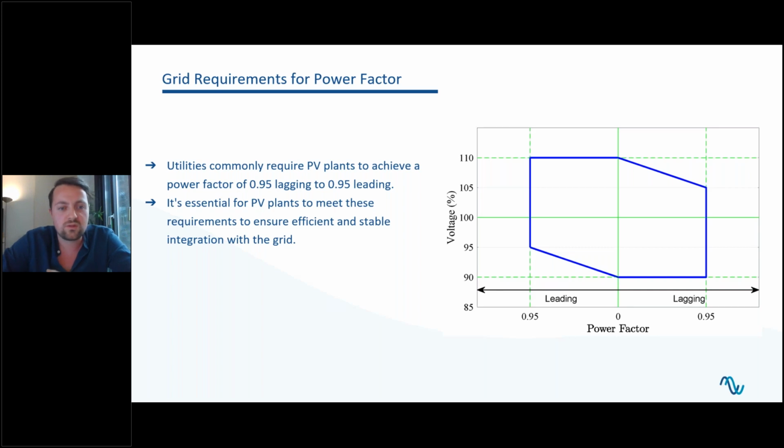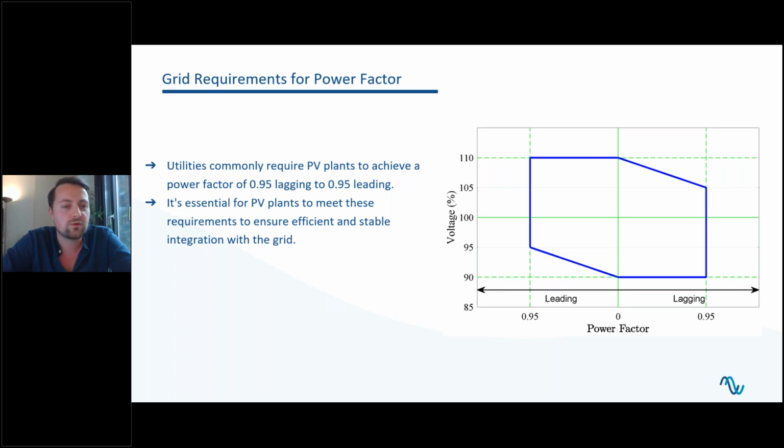In these cases, we also see the benefit of devices like capacitor banks that can inject reactive power into the system for regulating the voltage level and the power factor. It's quite essential for PV plants to meet these requirements in order to assure efficient and stable integration and operation with the electrical grid.